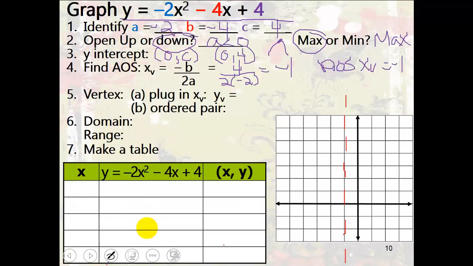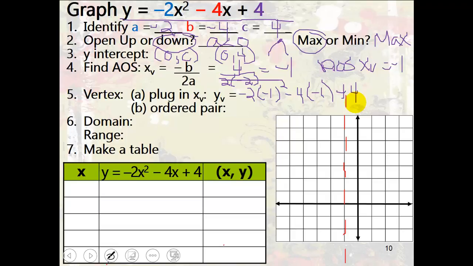All right, now I'm going to plug in negative 1, and I'm going to calculate the y-coordinate. So I have negative 2 times negative 1 squared minus 4 times negative 1 plus 4.